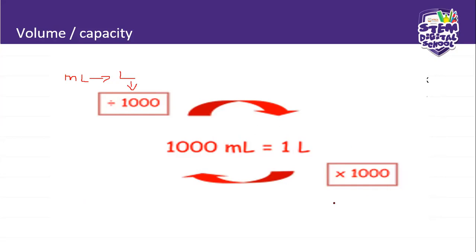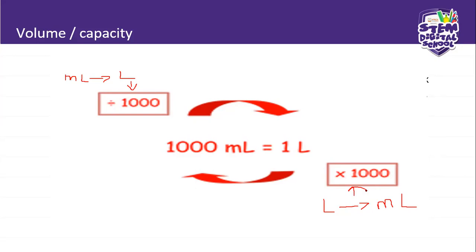When I want to convert liters to milliliters, I'm going to multiply by 1,000. Why? Because milliliters are smaller than liters. Hence, to move from milliliters to liters, you're going to divide. But to move from liters to milliliters, you're going to multiply because milliliters are smaller.